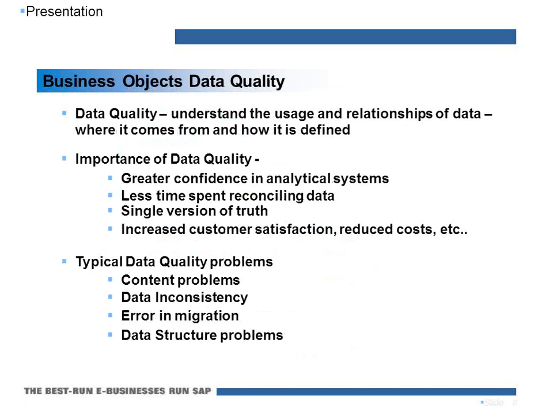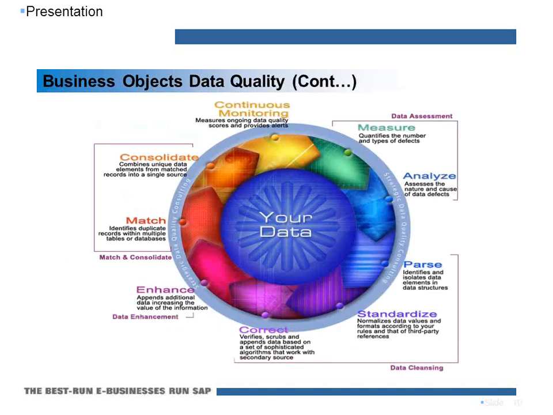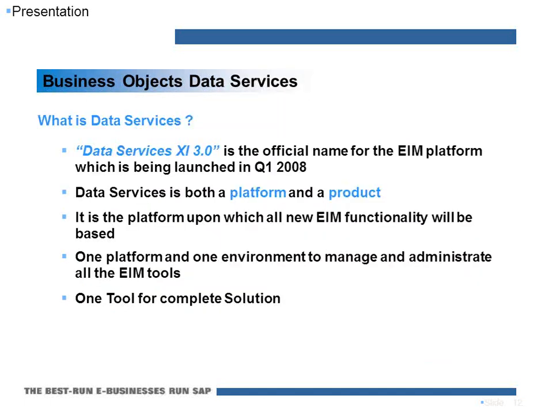Now, I'm not going to dwell a lot on this, basically because there was version 3.0 prior, and like in any other tool, they have improved versions. They've come up with data services 3.2. Then came tighter integration with SAP, 4.2, 4.1, and now there is version 4.2.